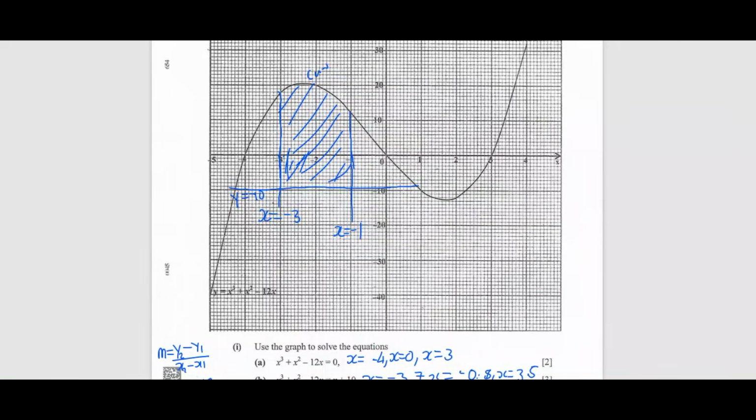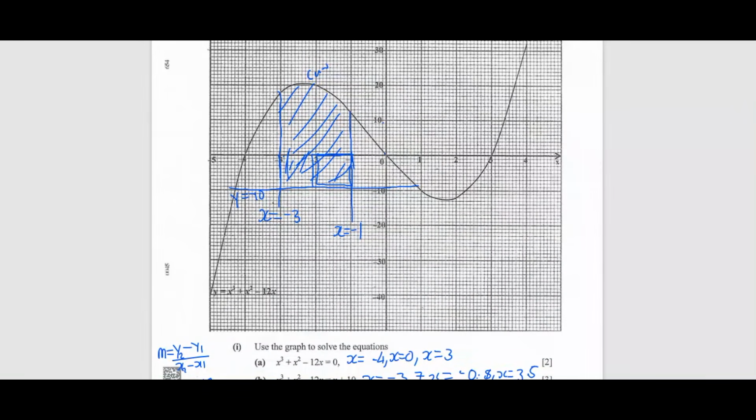So we can find the area of one complete box here. We need to look at the shape here. So let's look at the interval from the y-axis. From the y-axis, we can see that it's 0, 10, 20. So this means that they were using a scale of 2 centimeters to represent 10 units.